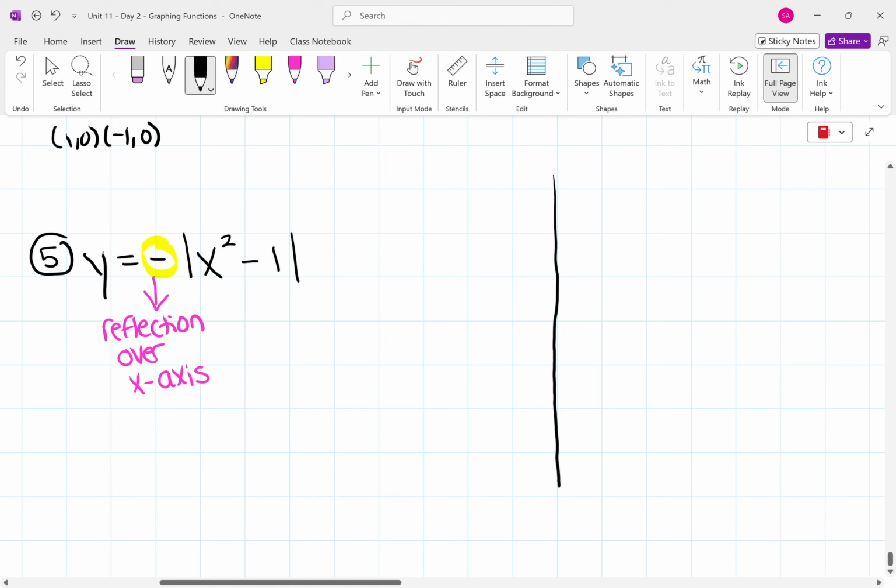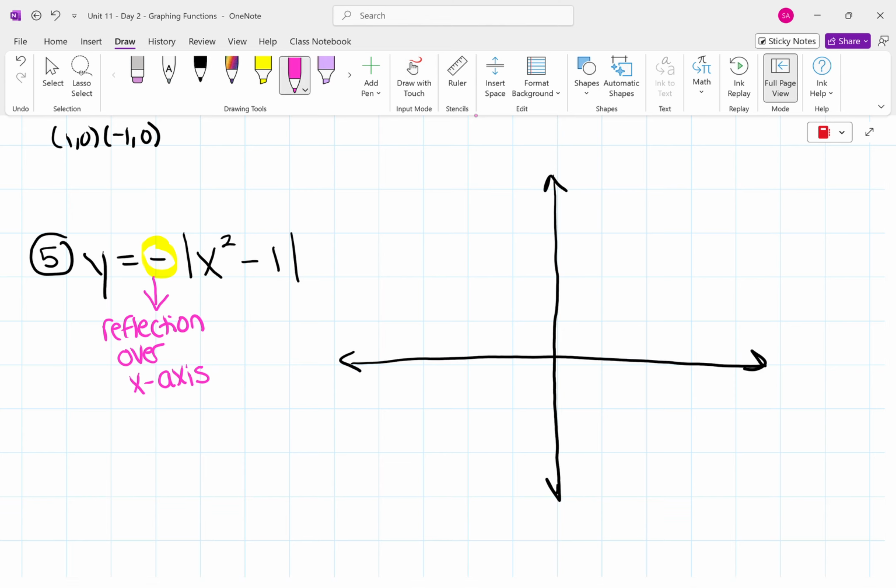So are you guys okay if I just go straight to the W? Here, here, here. So this is what we had gotten before when we had sketched the absolute value of x squared minus 1. Now we're going to take the negation of that. So that negation is telling us to negate, put everything, reflect everything over the x-axis.